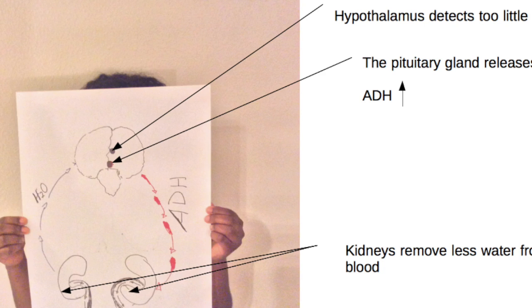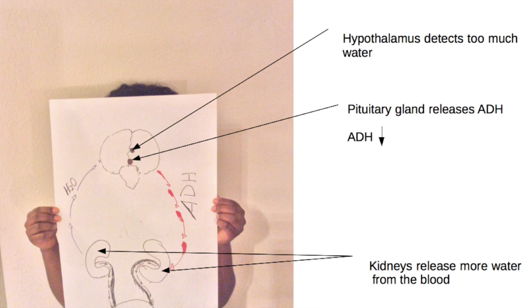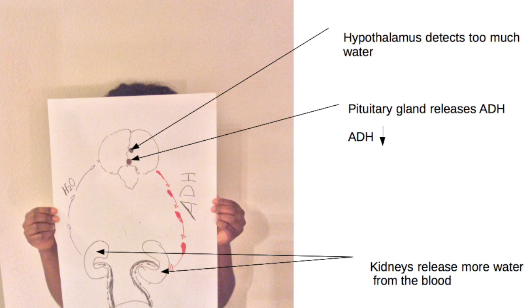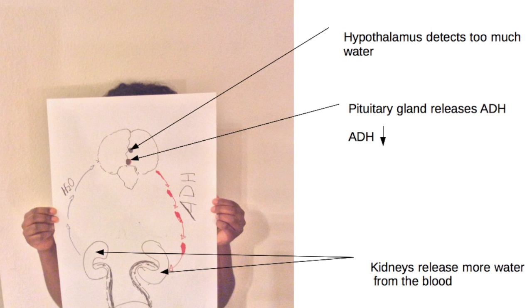On the other hand, when you have had enough water or drink, the hypothalamus will detect the change and send a message, like "oh, too much water," to the pituitary gland, and the pituitary gland again will release the ADH into the blood.